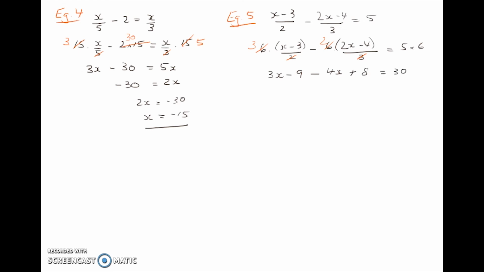And now we can collect our like terms. So we've got 3x minus 4x gives us negative x. Minus 1 equals 30. Add our 1, so we're left with negative x equals 31. And then x equals negative 31 as our solution.